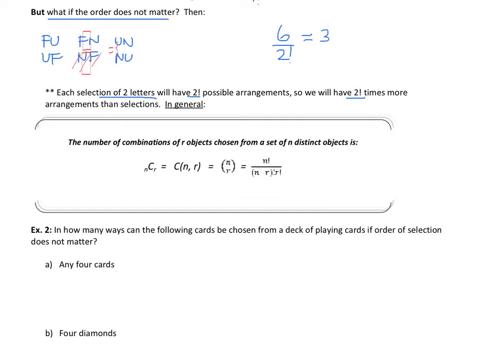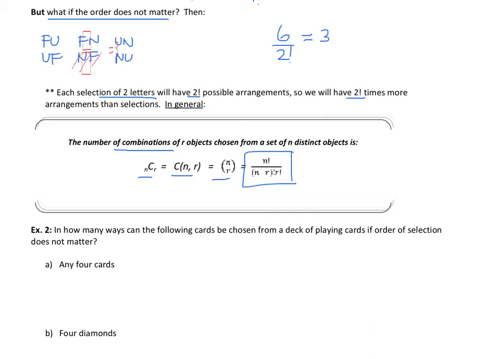Now, let's come down here so we can talk about that in general. In general, the number of combinations of r objects chosen from a set of n distinct objects is nCr, where you can write that as C(n, r), or you can write it in parentheses with the n on top and the r beneath, and that is equal to this right here.